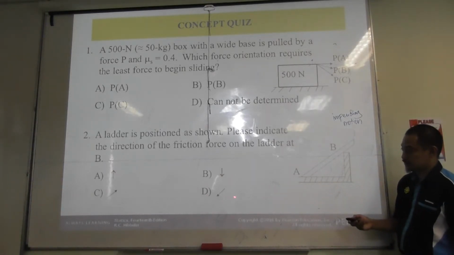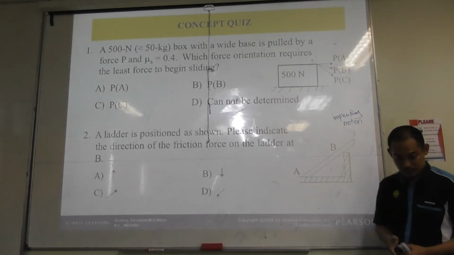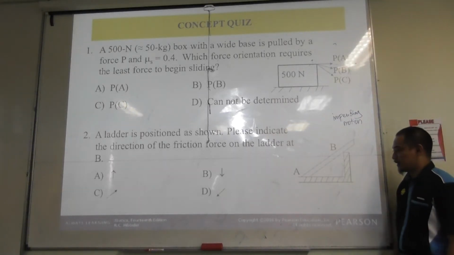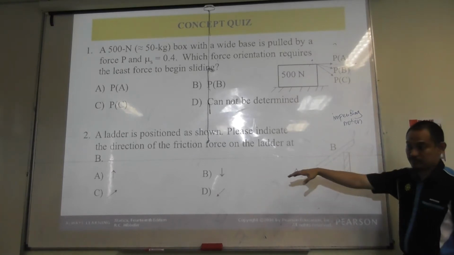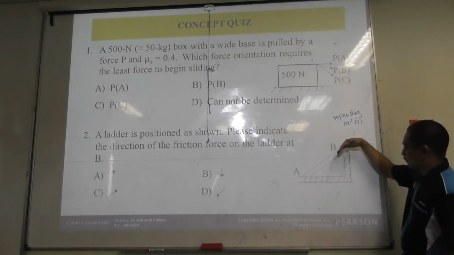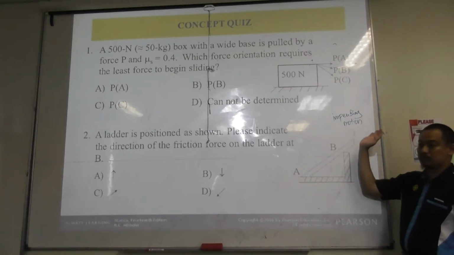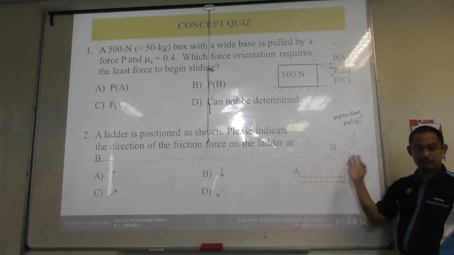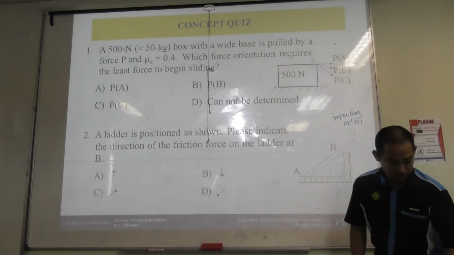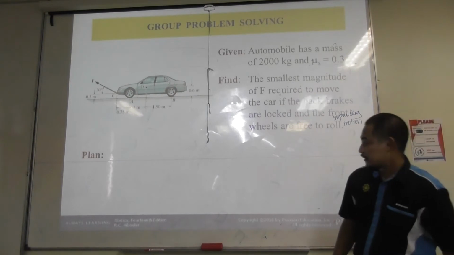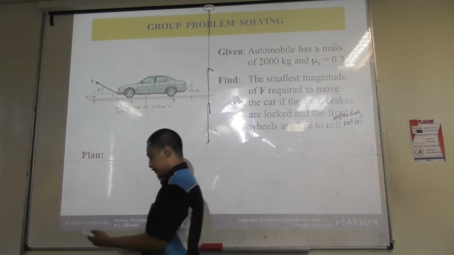Why not this one? Yeah, in this case, the only possibility is it wants to slide down, right? Because it doesn't have any force. So it wants to slide down, then the friction force is in this direction. Okay, fine. Alright, I think we have an example here.